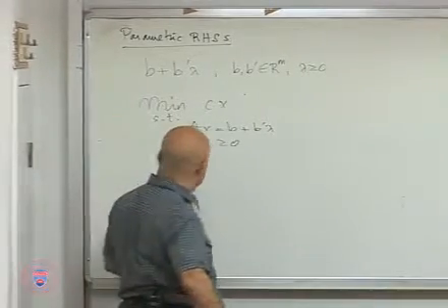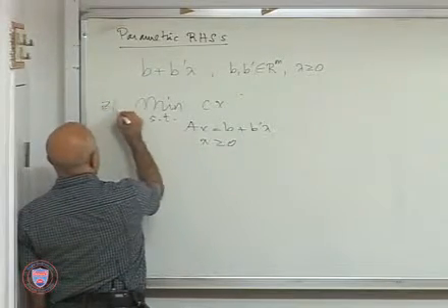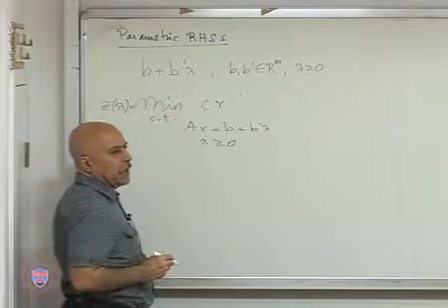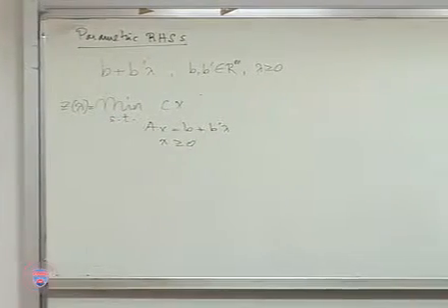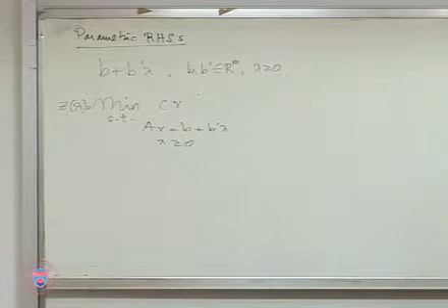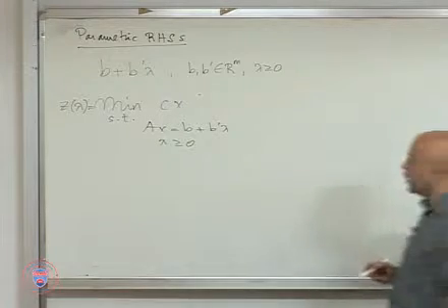And I'm going to define again the optimum value of this by z lambda. So z as a function of lambda is the optimal cost of this linear programming problem.